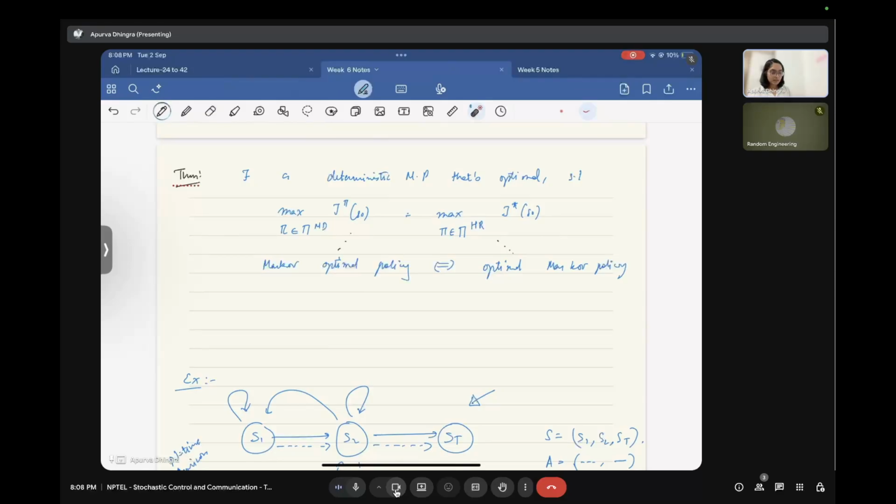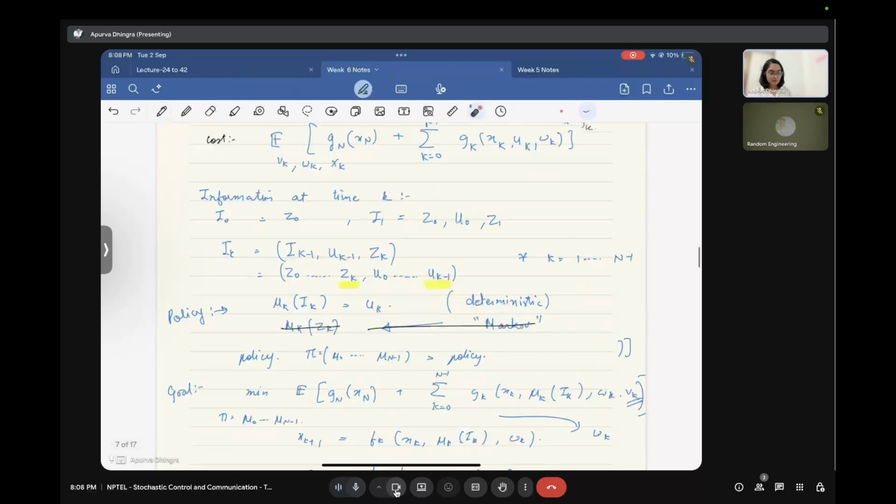Meaning the optimal Markov policy ends up being a policy that is Markov deterministic. This was the first point that we learned today.